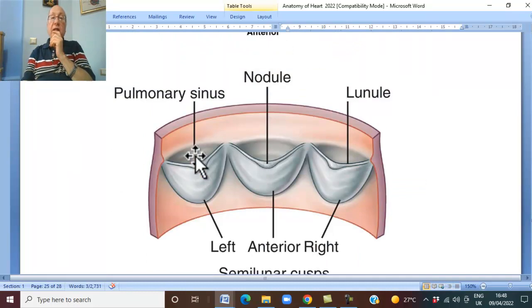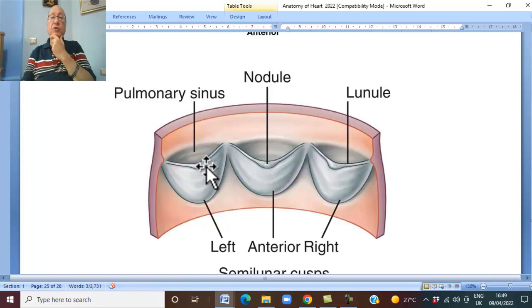The cusps form with the wall of the pulmonary trunk pockets. The root of the pulmonary trunk is slightly dilated above the cusps, forming three slight dilatations called the pulmonary sinuses.